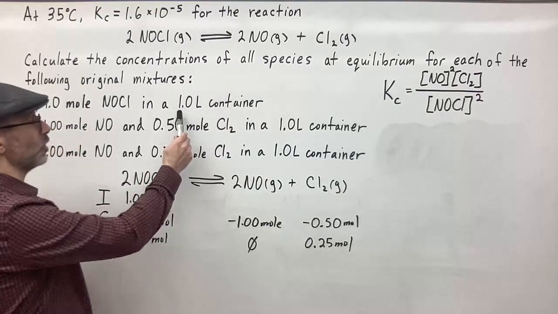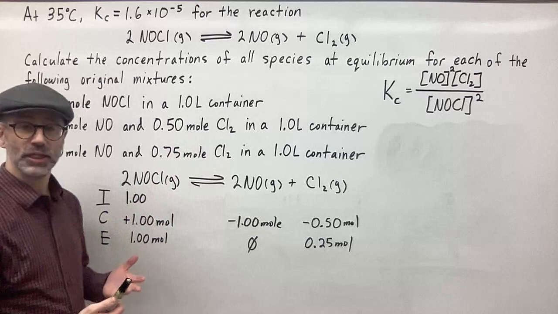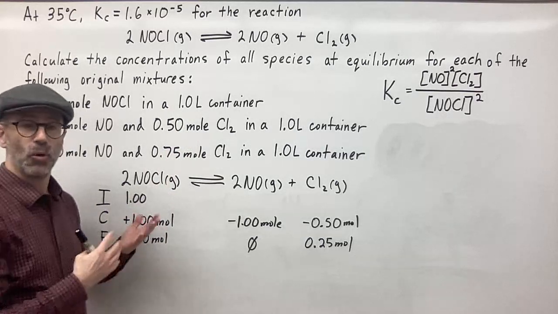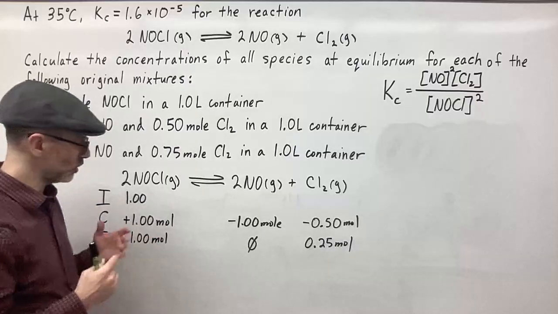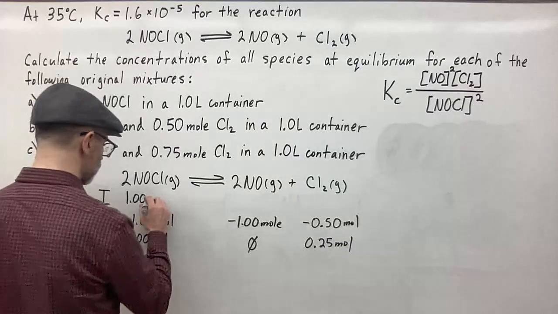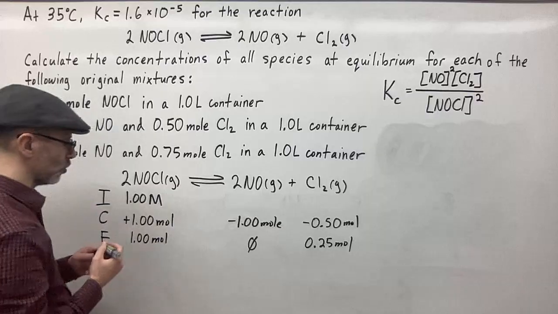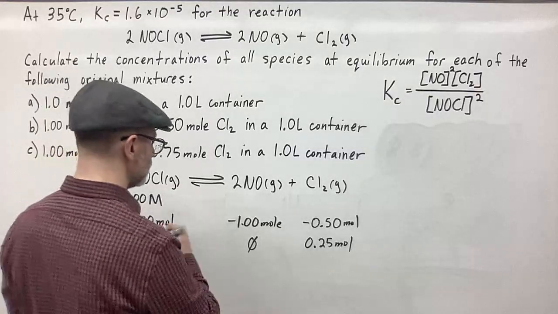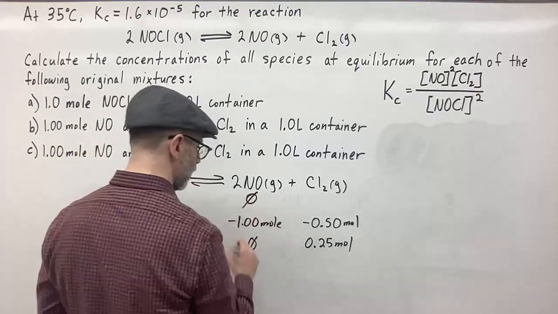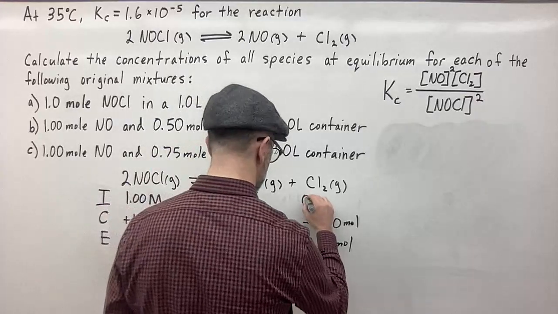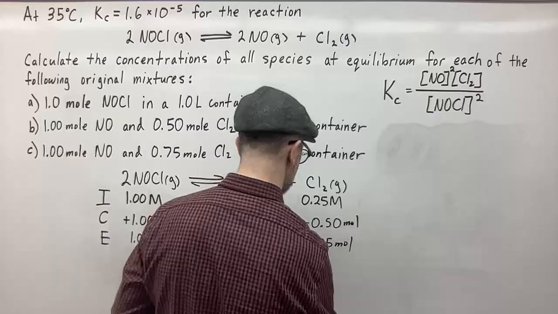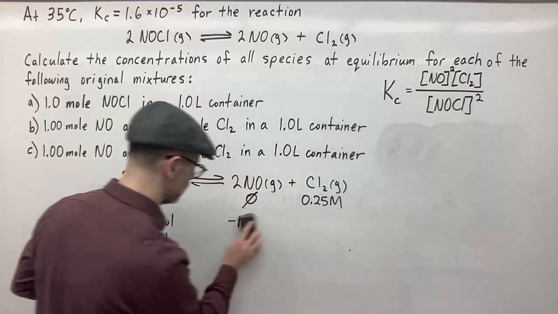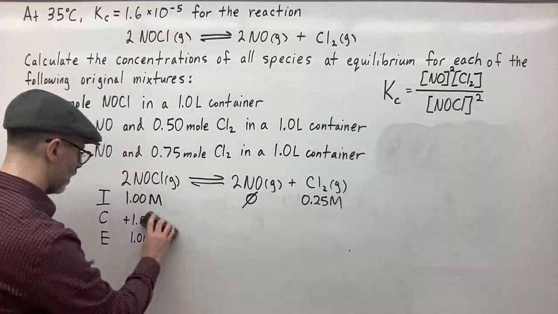But because we're working in a 1.0 liter container, they're going to be the same. Moles is going to be the same as concentration in terms of the magnitude, the number. So 1.00 moles becomes 1.00 molar. This is 0, and this comes up to 0.25 molar. Now I can erase this and start my ice table.